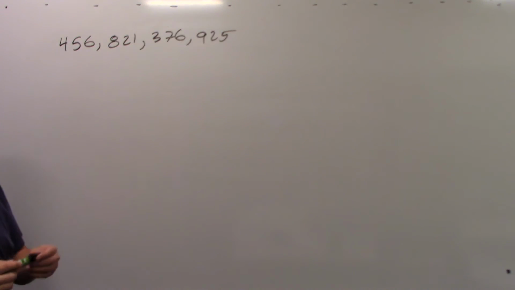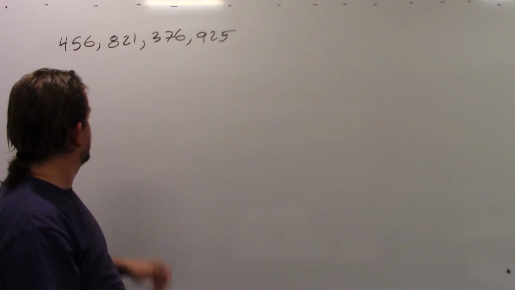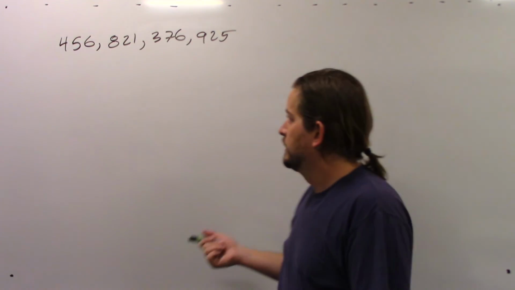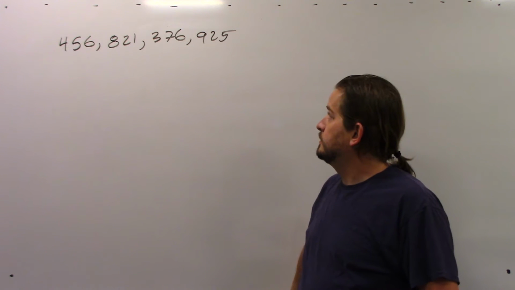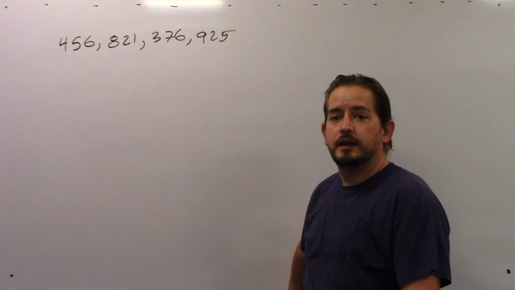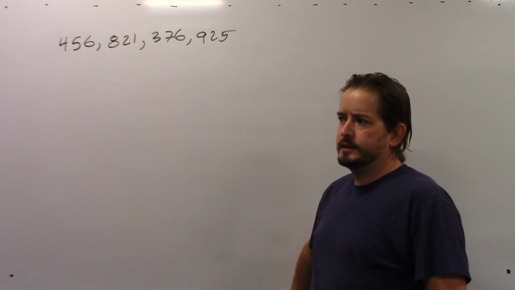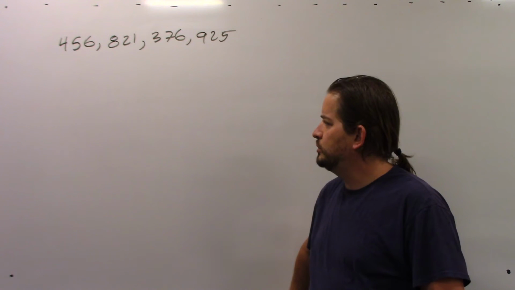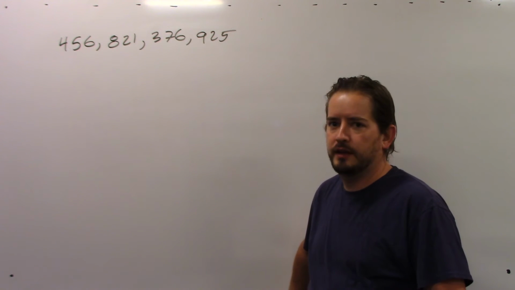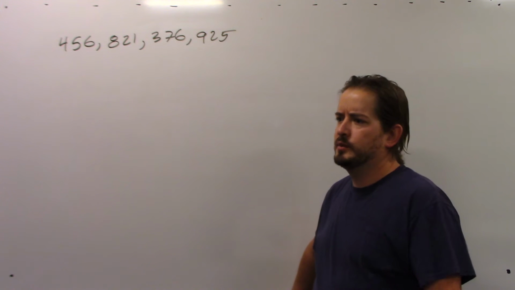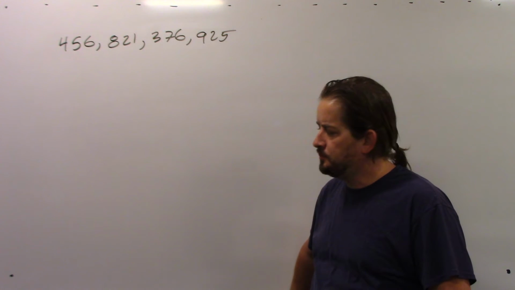If I had to convey this number to you, I'm just speaking to you, and I said, well, the number is 45682137695, right? It's hard to appreciate the magnitude of that number when you just have numbers being basically thrown at you, right?